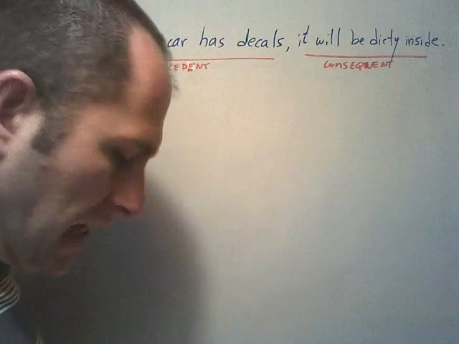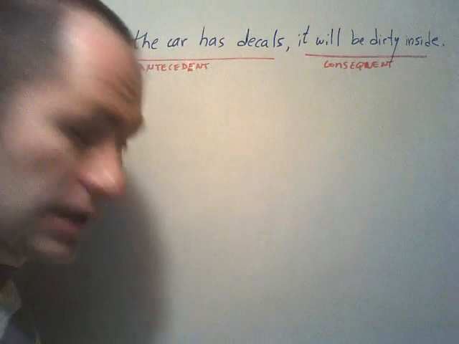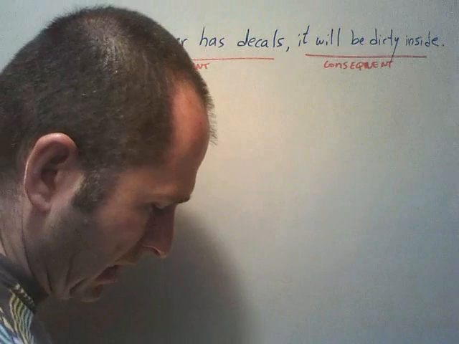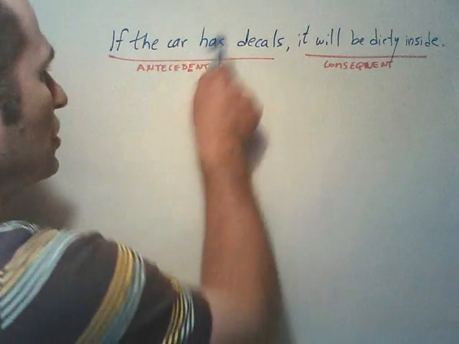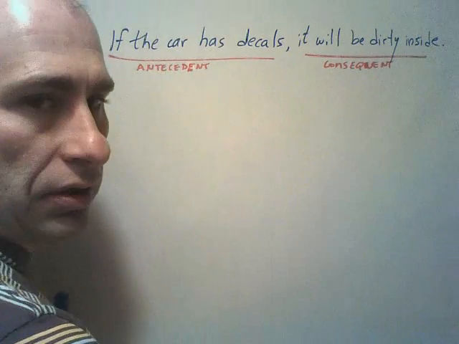So let's take a look at what I have on the board here. A hypothetical syllogism will start with the major premise, which is always going to be an if-then statement. That's sometimes called a hypothetical statement or a conditional statement. You see that this is the condition and this is the result.